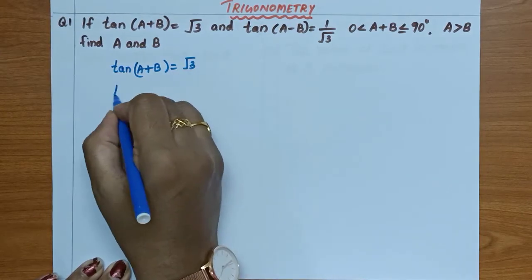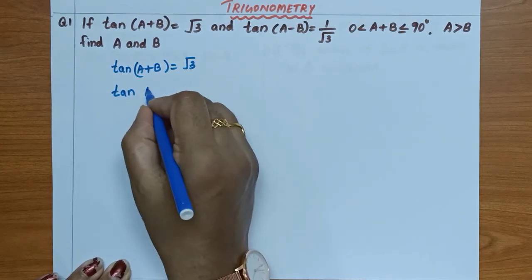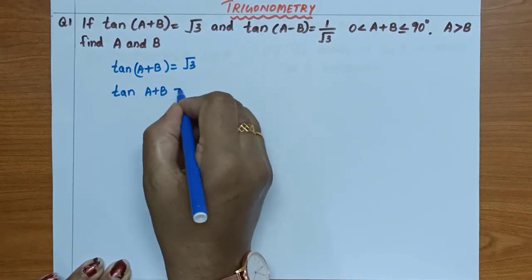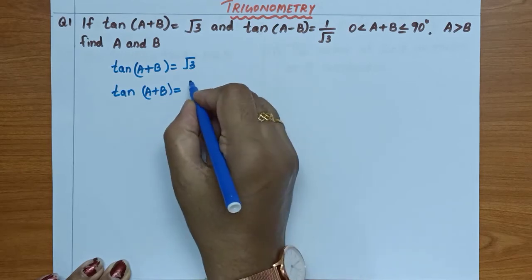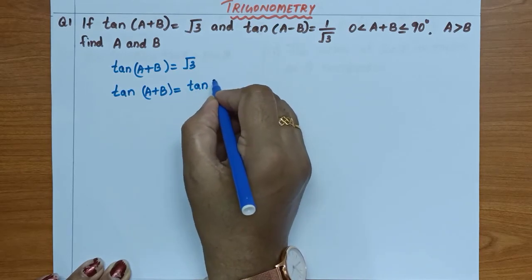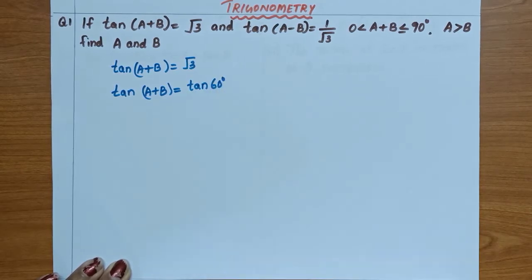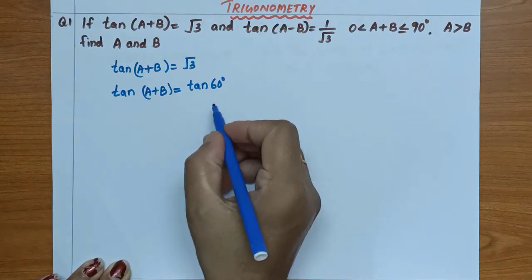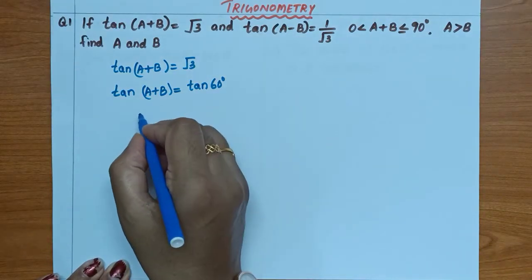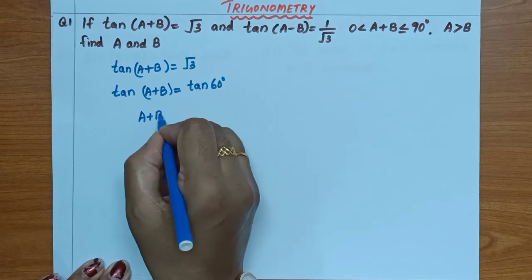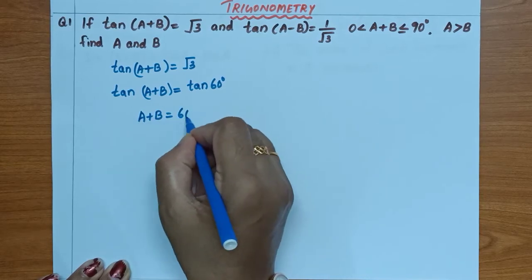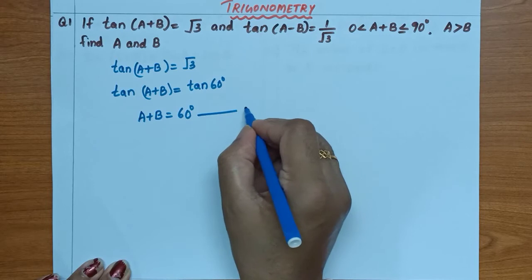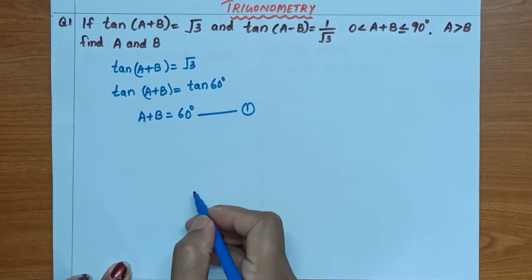That means tan(A+B) equals tan 60 degree. So what is A+B? A+B equals 60 degree. We can mark this as equation number 1.